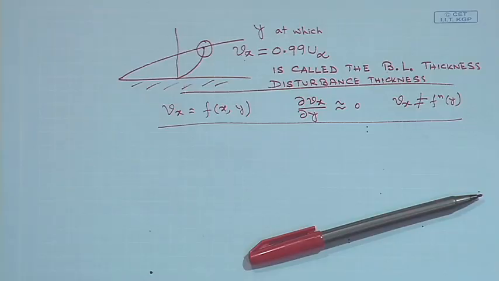So, each one of us probably will decide that, well, this is the location of the boundary layer, and we are also going to use some sort of a measurement technique, a device, an instrument to demarcate the point where the velocity is 99% of the free stream velocity. Each of these instruments has errors associated with it.